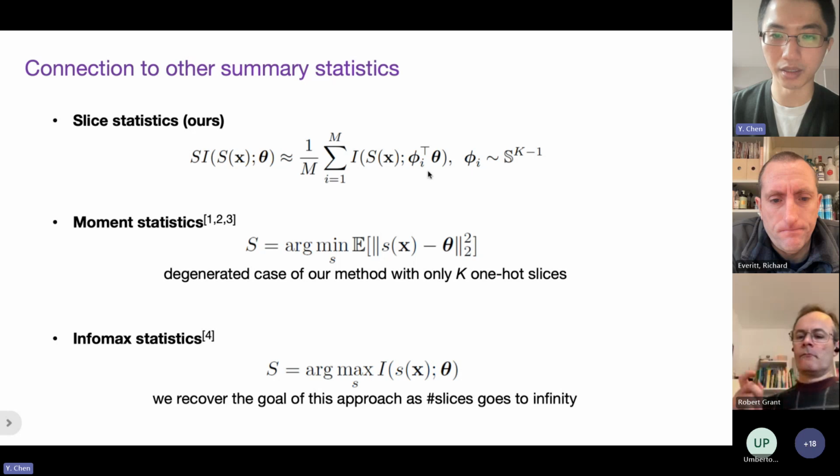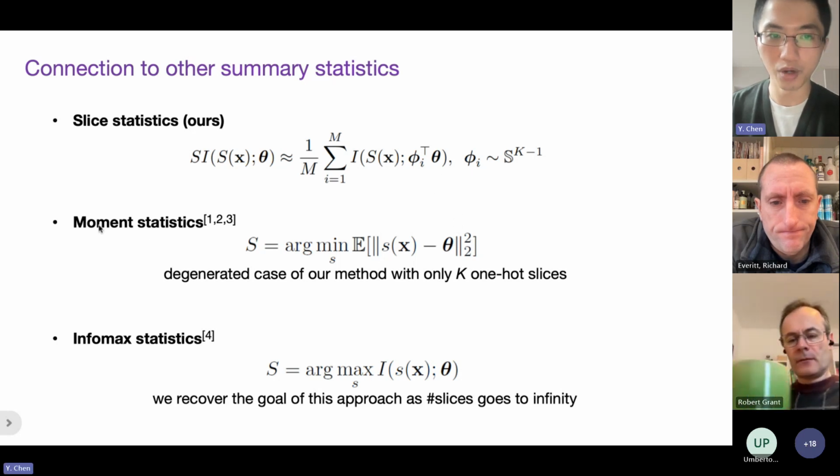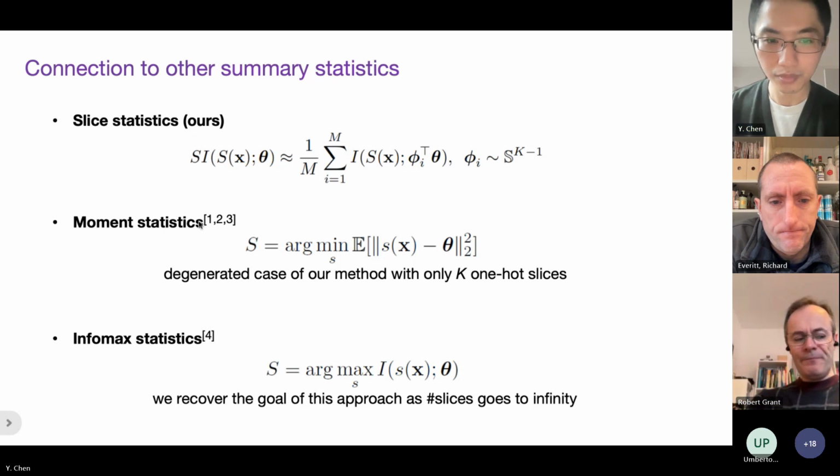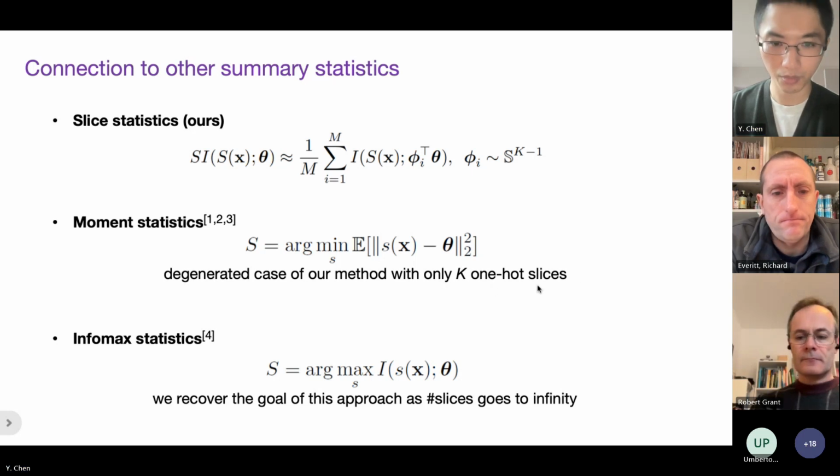So these two are connected with each other. So this moment approach can be seen as a degenerate case of our method where there are only k one-hot slices.